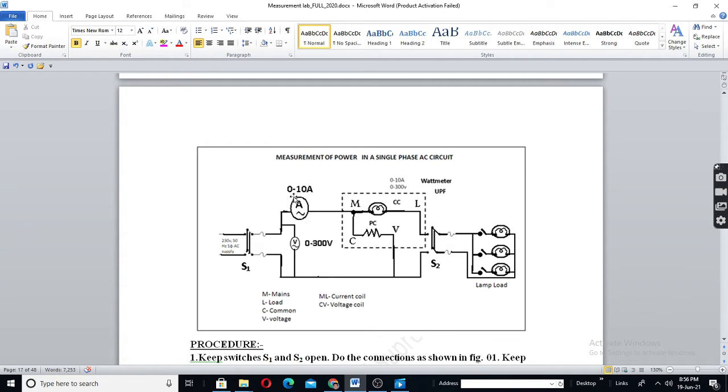See, the ammeter and the current coil of the wattmeter are both similar. They are connected in series. The voltmeter and the voltage coil of the wattmeter, PC meaning potential coil or voltage coil, are connected in parallel.